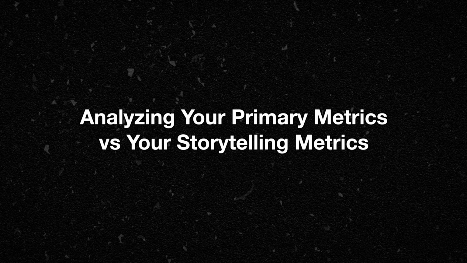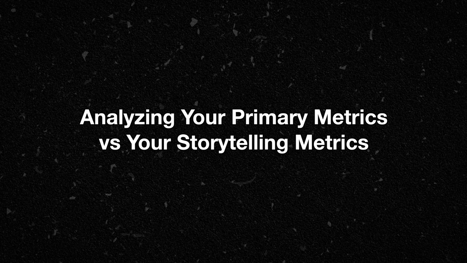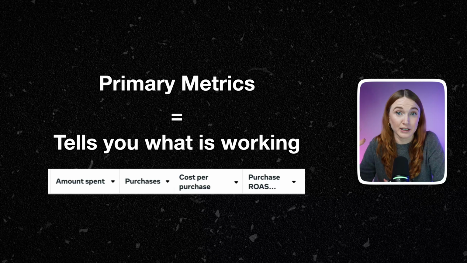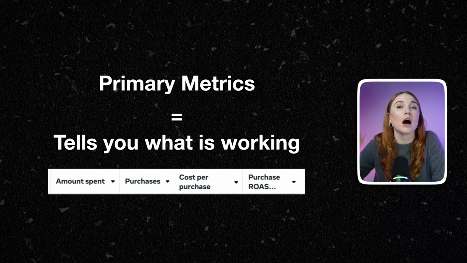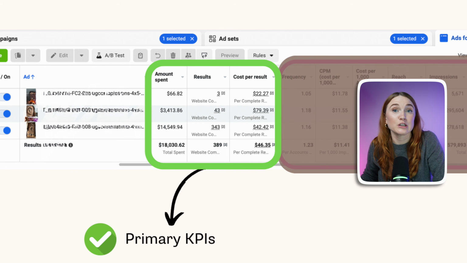These two questions and the answer for these two questions will ultimately guide every single thing that you do inside of Ads Manager. And that brings us to step number two, which is going to be analyzing your primary metrics versus your storytelling metrics. So all of your metrics are going to fall into one of these two categories. Now, your primary metrics are going to tell you what is working, and these are the only metrics that you should be using to optimize your account. So these primary metrics are going to be things like your amount spent, your purchases, your cost per purchase, and even your ROAS.